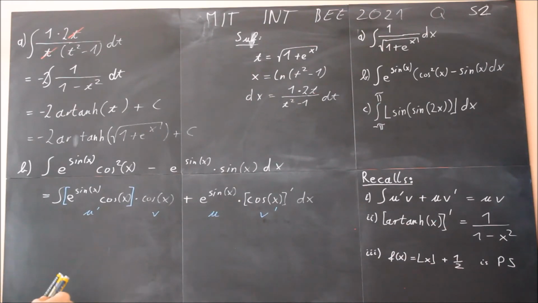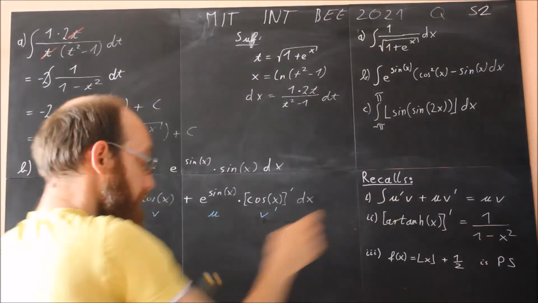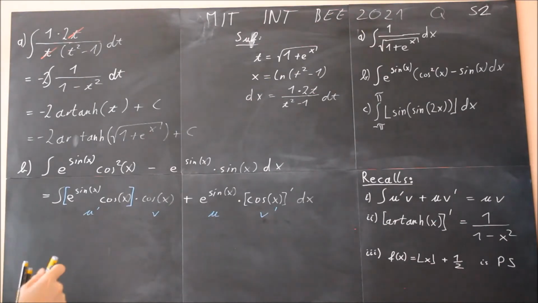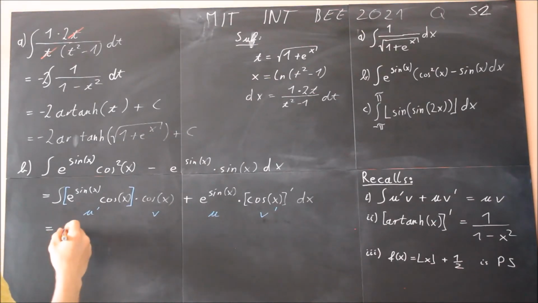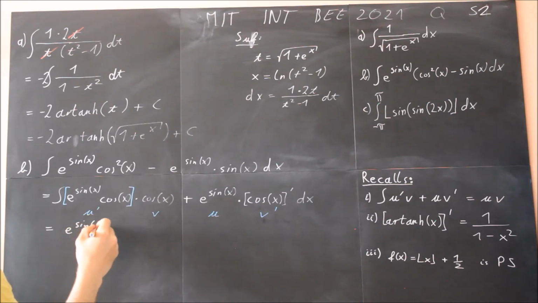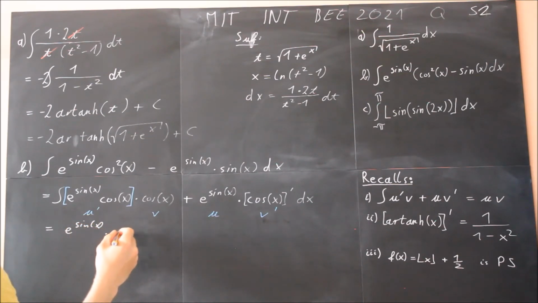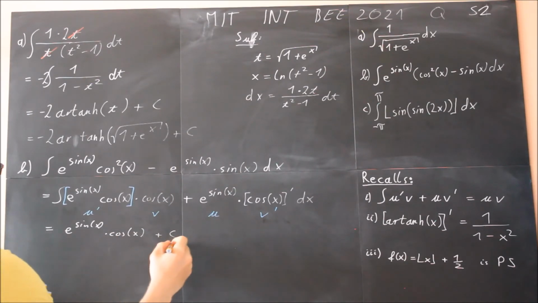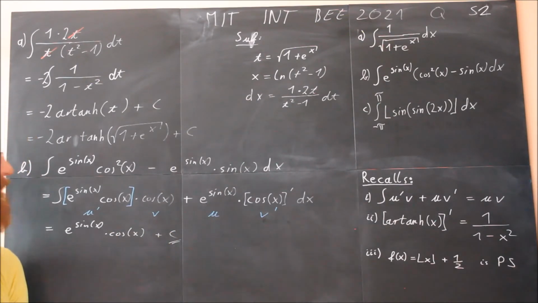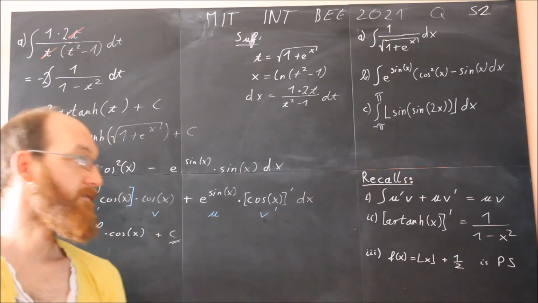Yes, so we can use our product rule and we get u times v, so u is e to the sine and v is cosine plus some constant. All right, this is the second integral, the solution.